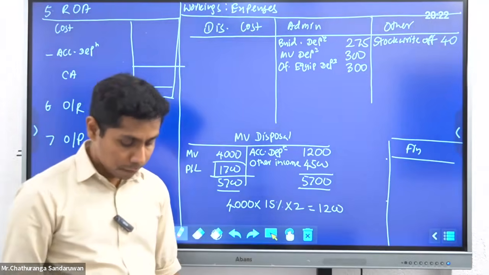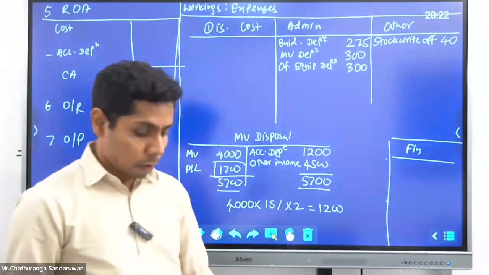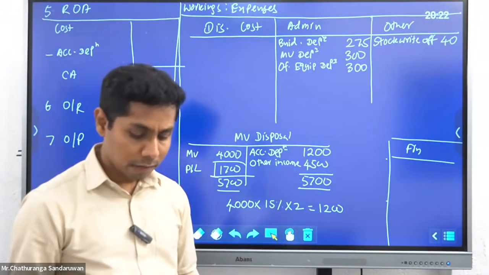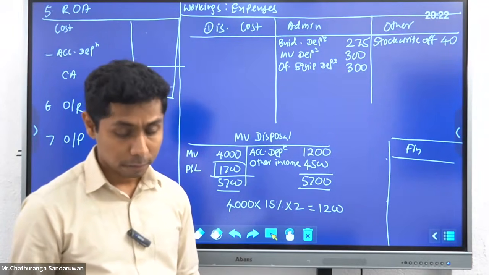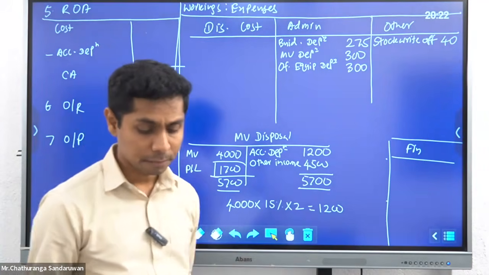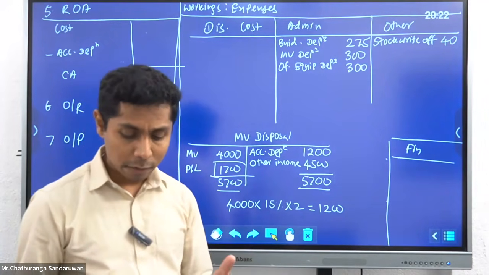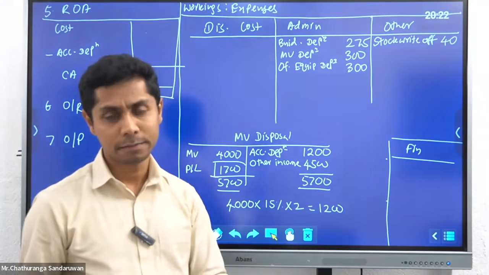All right, so we were in the second adjustment. Now let's get into the third adjustment. On 1st April 2025, the company entered into a 5-year lease agreement to obtain a motor vehicle for the distribution purpose. So that is for the distribution purpose, right? The right of use asset and the lease liability, each amounting to rupees 5 million, have already been correctly recognized.